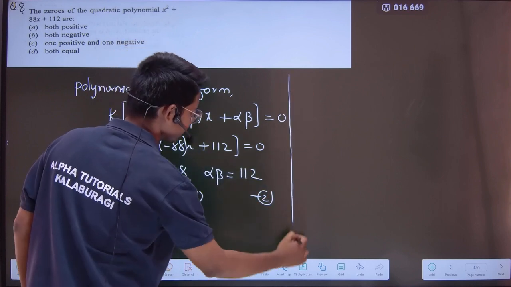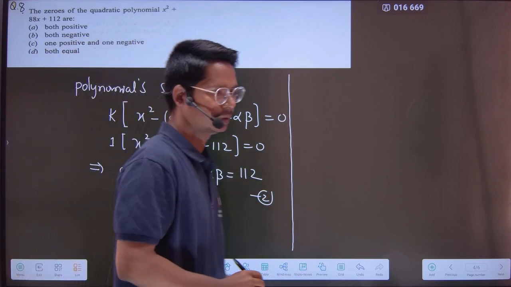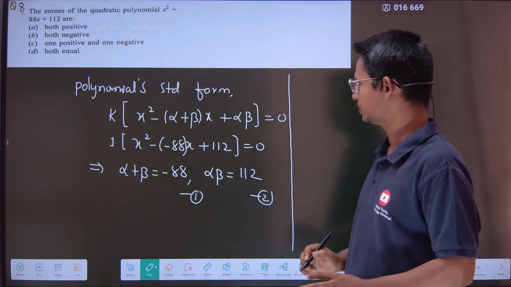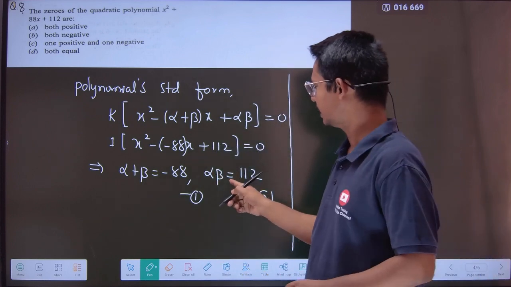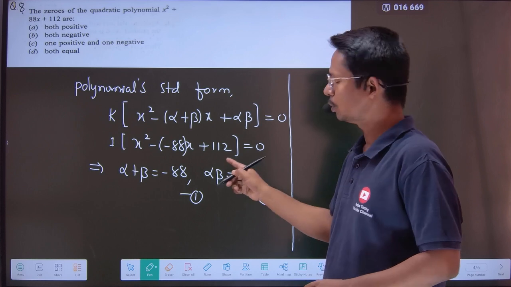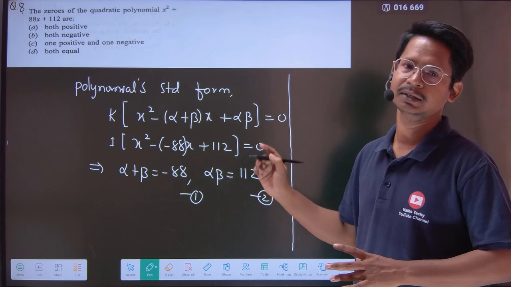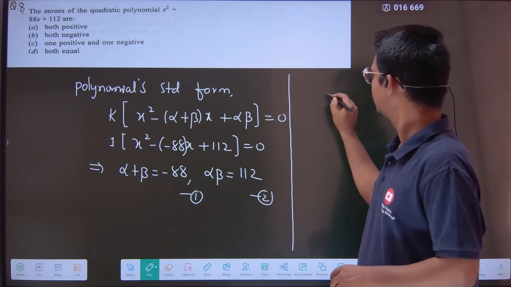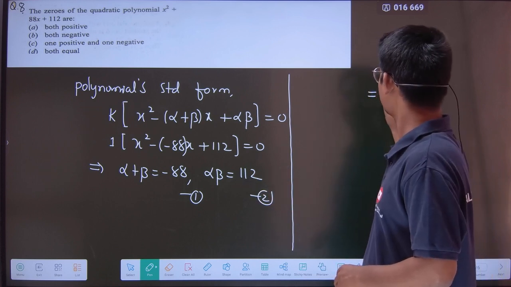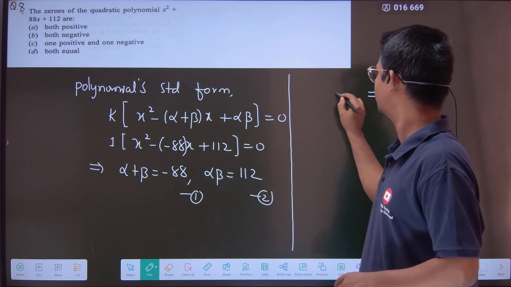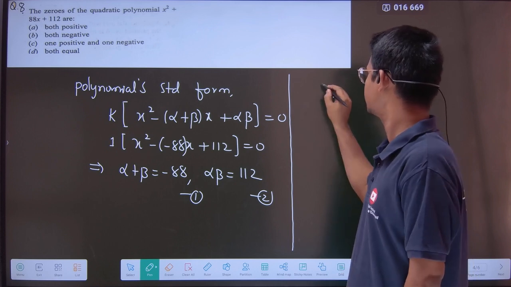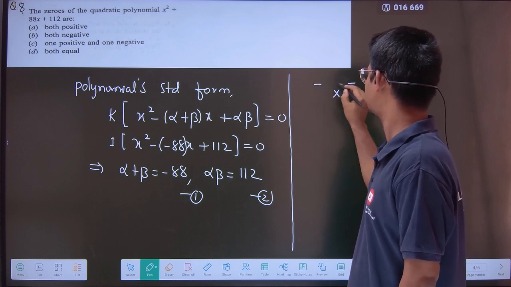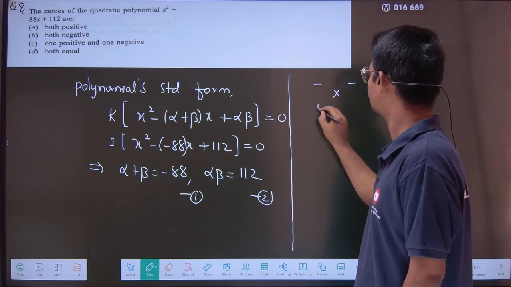Now we can observe. Some common sense also you need to make use of. Alpha and beta product 112 means what are the possibilities of signs alpha and beta can have. If I want to get plus 112 after multiplication, there are only two possibilities: either both should be minus, minus into minus giving plus, or both should be plus.